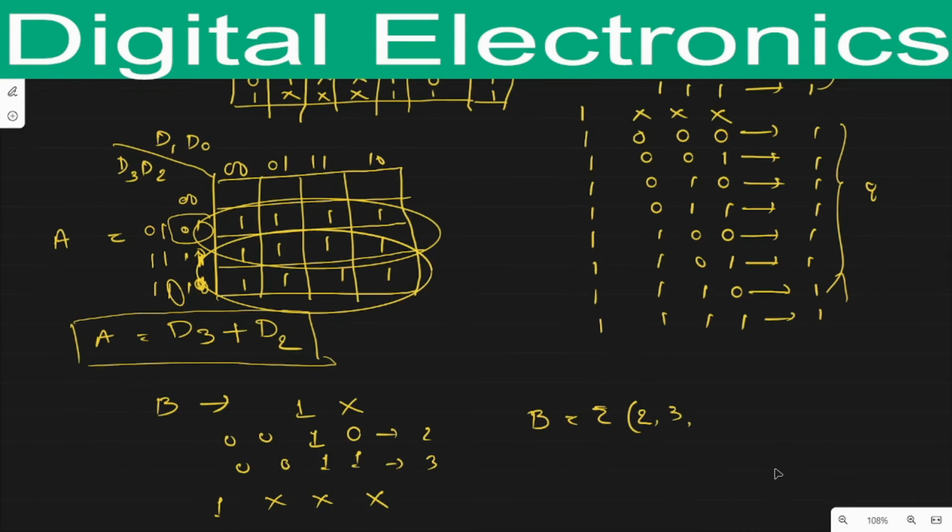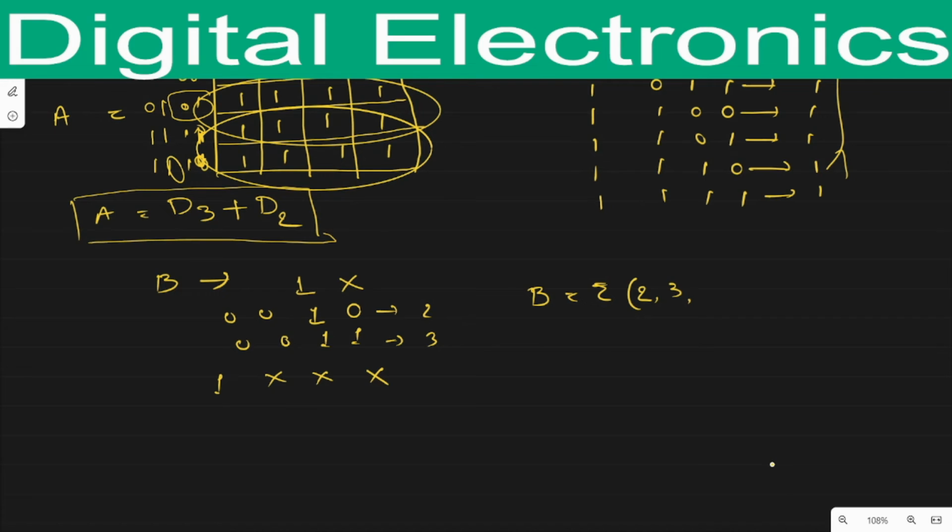It means 2, 3, then 8, 9, 10, 11, 12, 13, 14, 15.